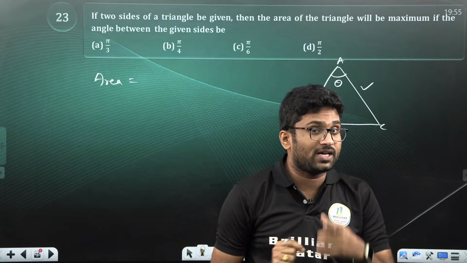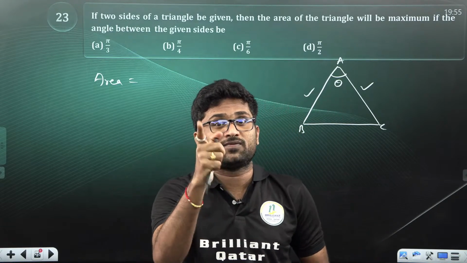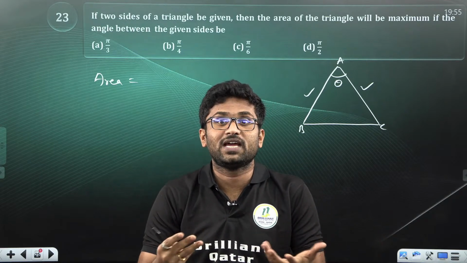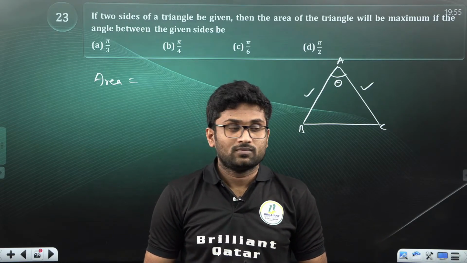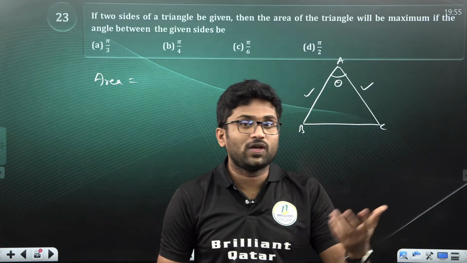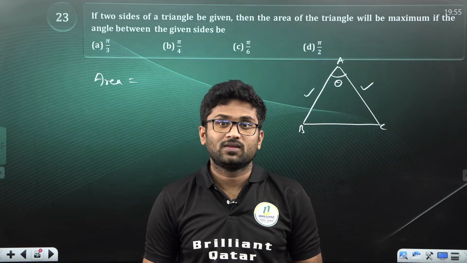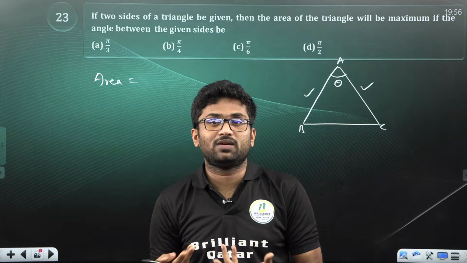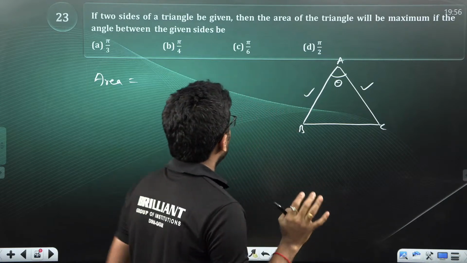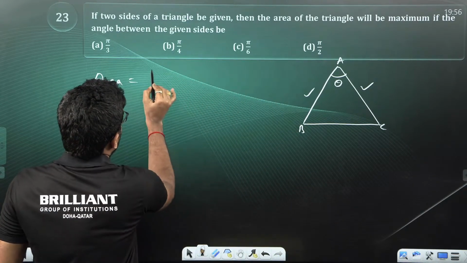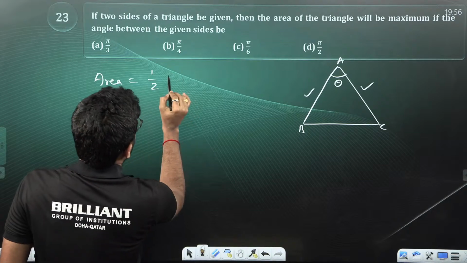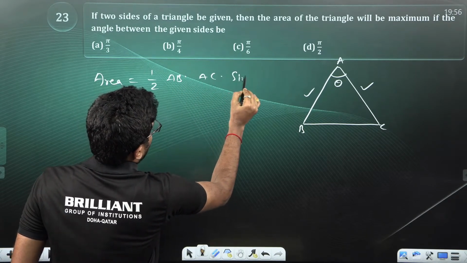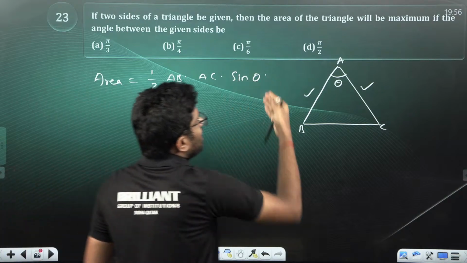And apart from that, in properties of triangles, the sine rule, we discussed the area of triangle formulas: Heron's formula, half AB sin theta, delta is equal to abc by 4R. Okay, no issues. So if two sides are known, the area is half into AB into AC into sin theta. Now for which theta is it maximum?